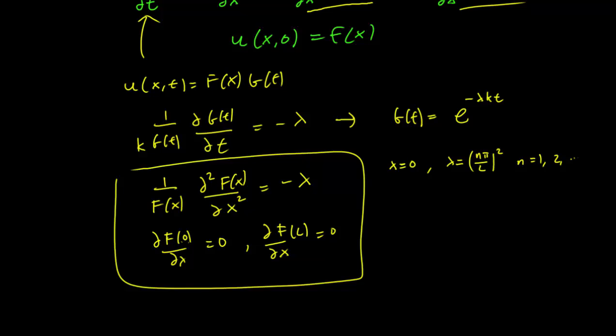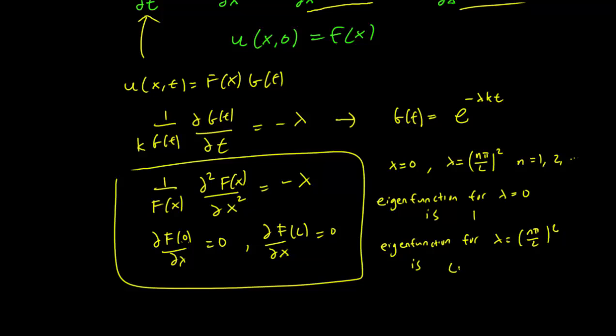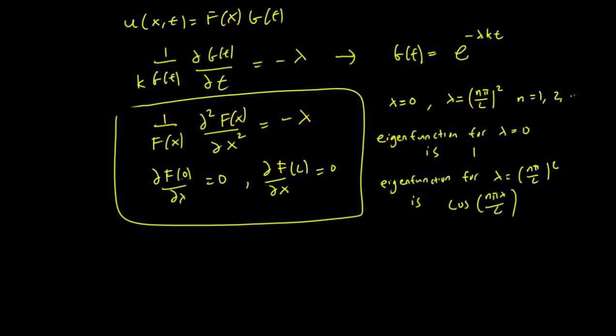The eigenfunctions are a bit different. The eigenfunction for lambda equals 0 is just going to be 1, and the eigenfunction for lambda equals (n pi over L) squared is cosine this time, cosine of n pi x over L. And this makes things a little bit different, but fortunately all the techniques, all the formulae for Fourier's theorem still work for cosine as well as sine.